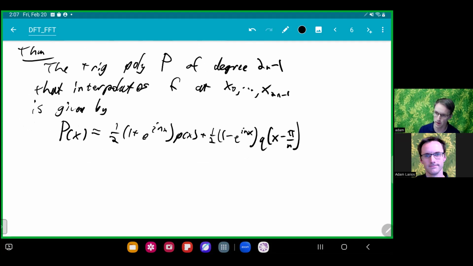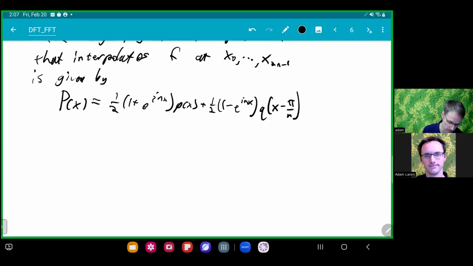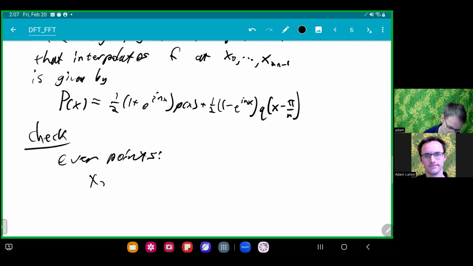So maybe I'll just check one of these. The theorem is really just to check this. So at the even points, we want to make sure that we're interpolating correctly. So then we have x2j. This is 2 pi times 2j divided by 2n, which is 2 pi j divided by little n.